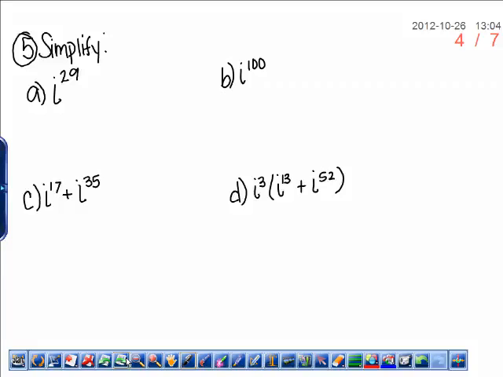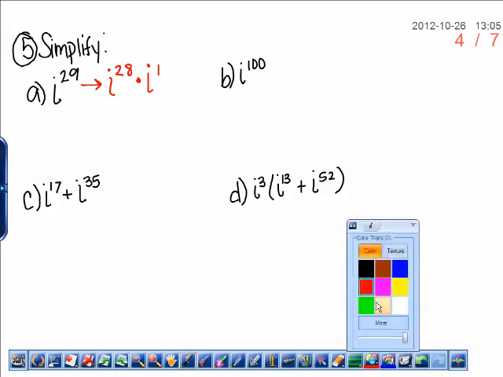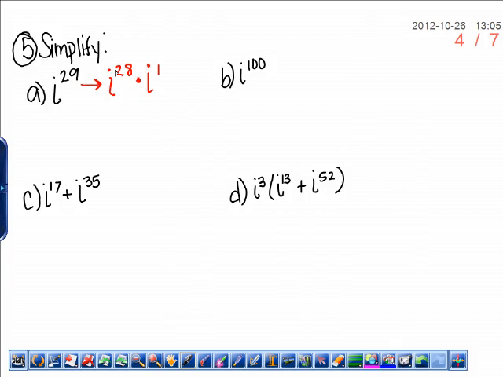So what's the highest multiple of 4? 28. i to the 28th times i to the first gives us i to the 29th, yes? 28 plus 1 gives us 29. The reason we do it as a multiple of 4 is because i to any multiple of 4 is always what? 1. So this becomes 1 times i to the first, which is just i. So what is i to the 29th? i.